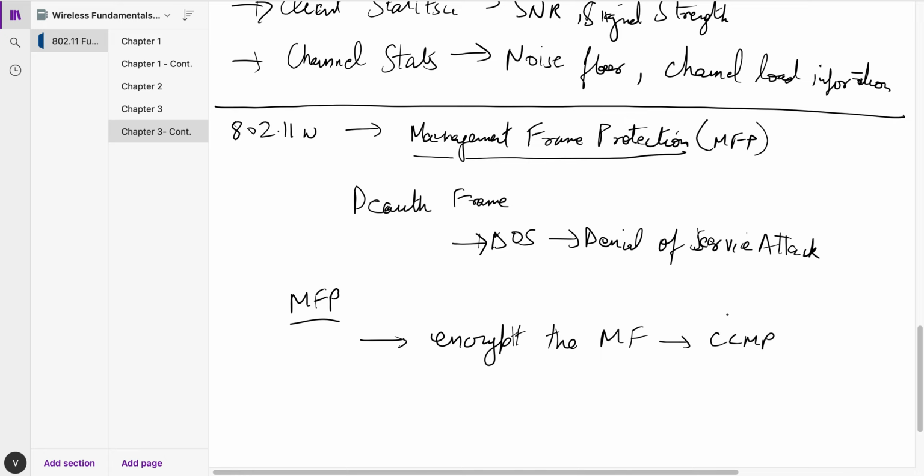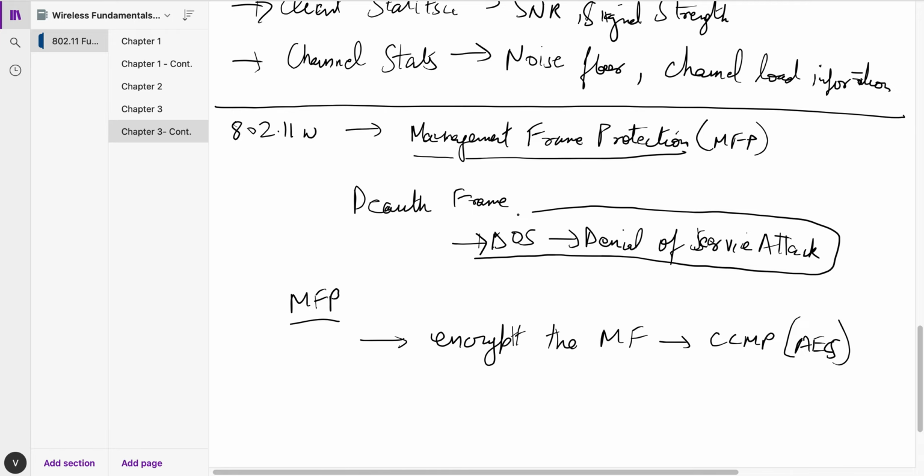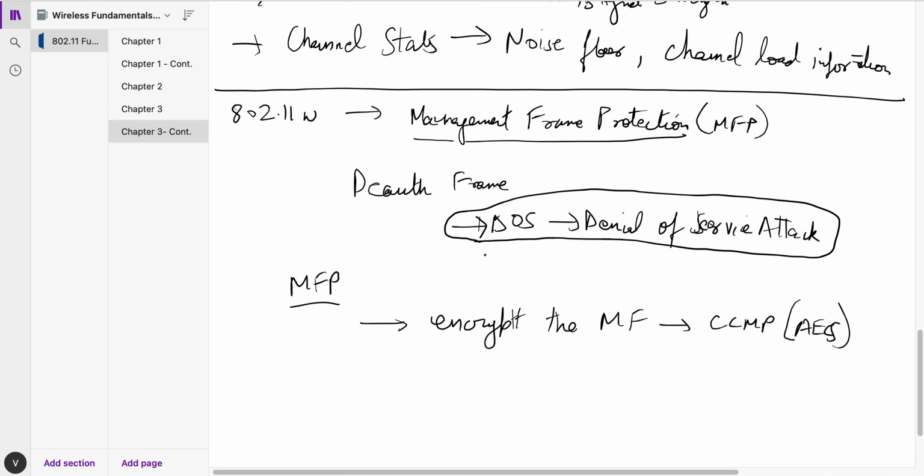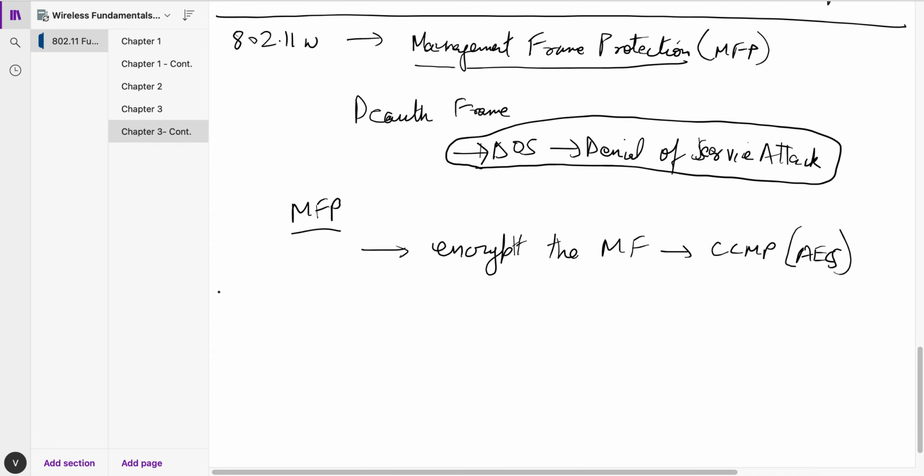When we do this, any hacker cannot just capture the frames and decode the management frames. The frames also will be encrypted with AES and CCMP encryption. Hence, it is not easy for them to crack and decode. Hence, we can prevent a DOS attack. This is .11w, management frame protection, in which we encrypt the management frames to avoid attacks.